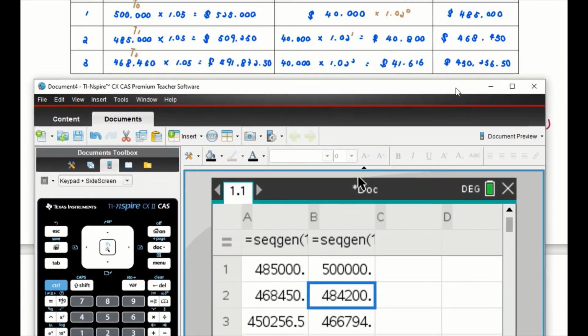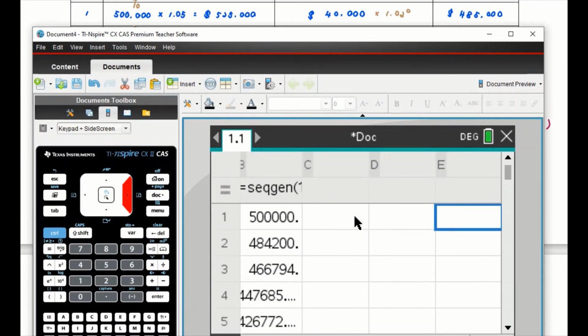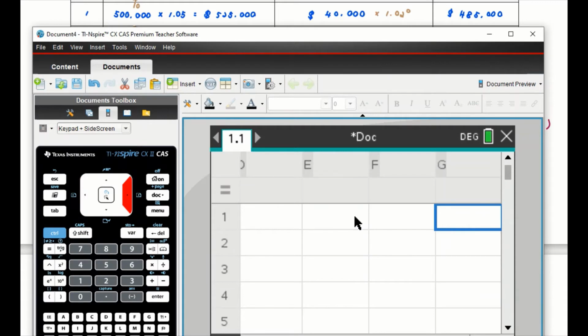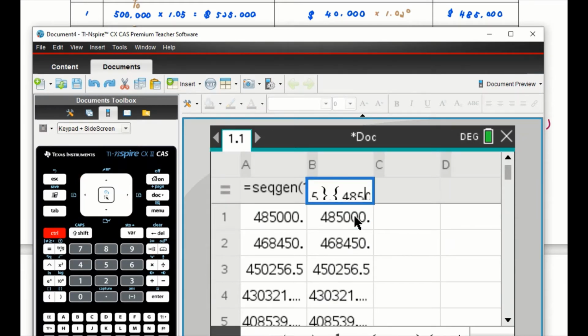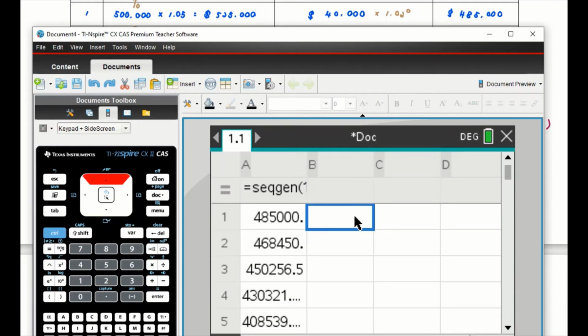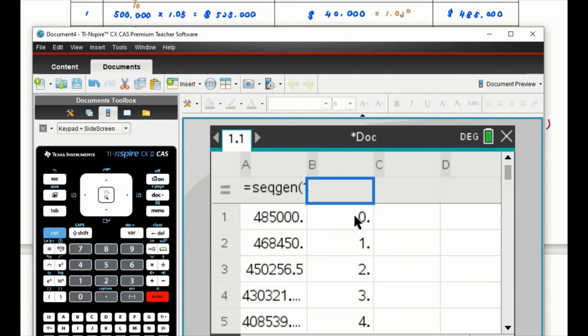The other way you can do it is with the calculator. Let me do it here. I'll put the values 0, 1, 2, 3, 4. If you want to continue adding, you can highlight the whole thing, then menu, data, fill. In this case, I'm going to show you the formula method.